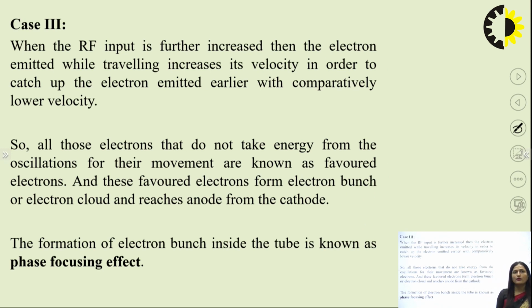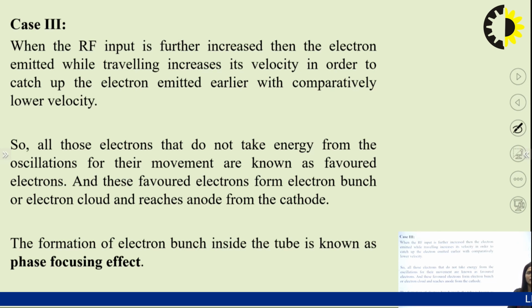When the RF input is further increased, then an electron emitted later, while traveling, increases its velocity in order to catch up with the electron emitted earlier with comparatively lower velocity, right? So all those electrons that do not take energy from the oscillations for their movement are known as favored electrons, and these favored electrons form an electron bunch or electron cloud and reach the anode from the cathode.